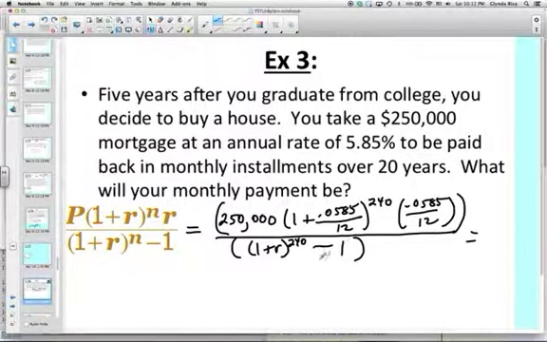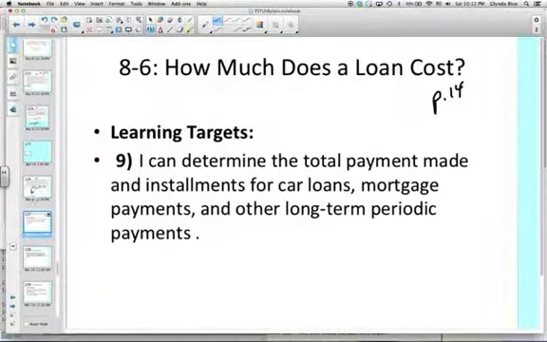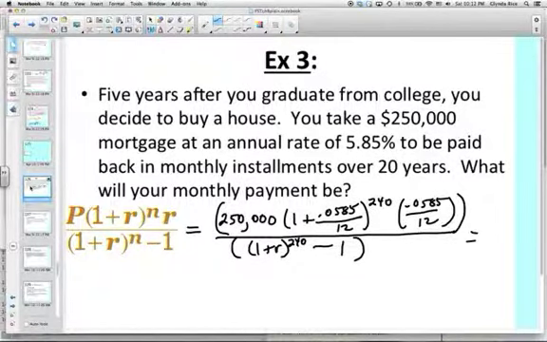Once you get that monthly payment, the next thing to do is to see how much you actually pay over 20 years for your house. Once you find that monthly payment, we'll call it M. Take your monthly payment times the 240 payments you make.